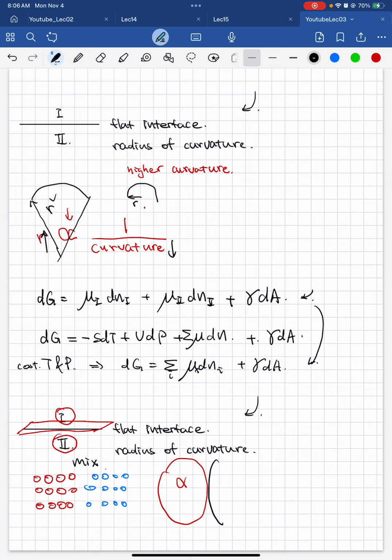These are beta form, and this can be maybe FCC like this, and this one is BCC. So two different crystal structures.